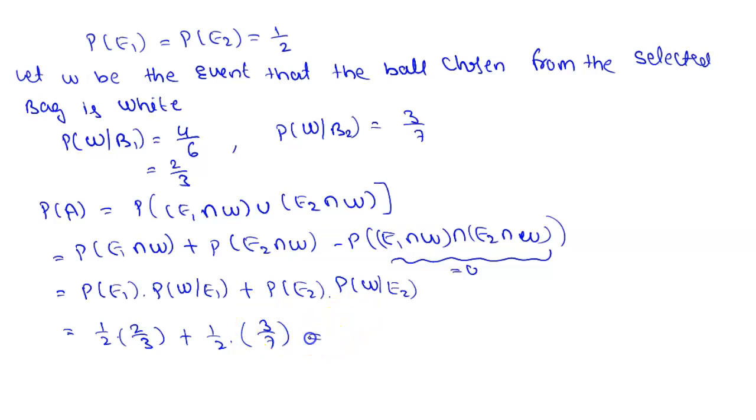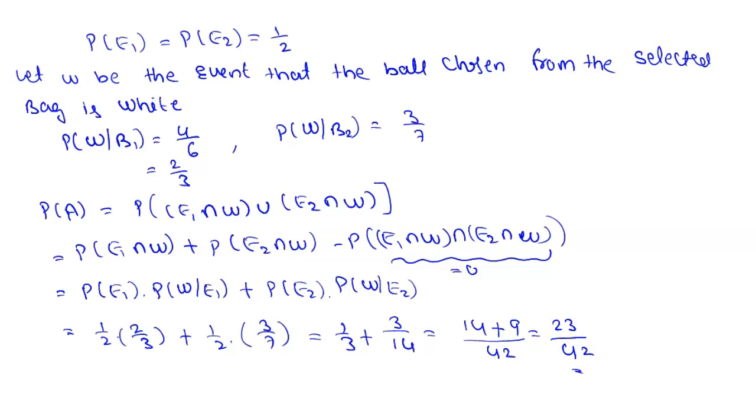So this is equal to, here 2 will get cancelled out, 1 by 3 plus 3 by 14. 14 3s are 42, LCM. So 14 plus, 3 3s are 9, by 42 LCM. 14 plus 9 is nothing but 23 by 42.